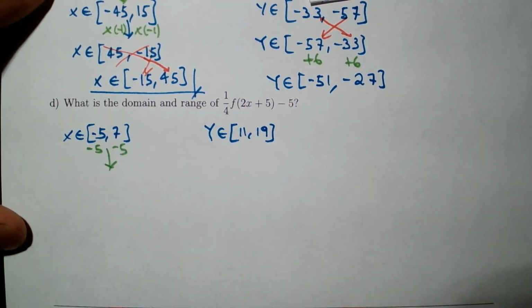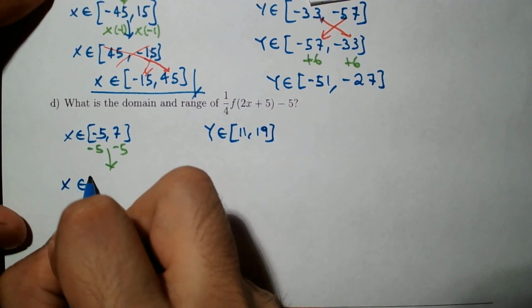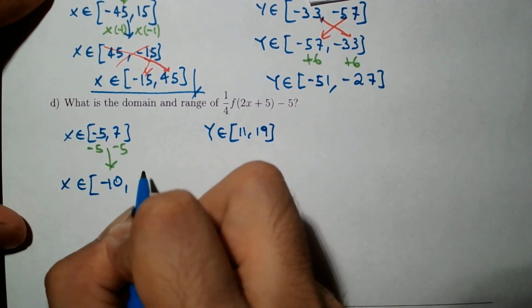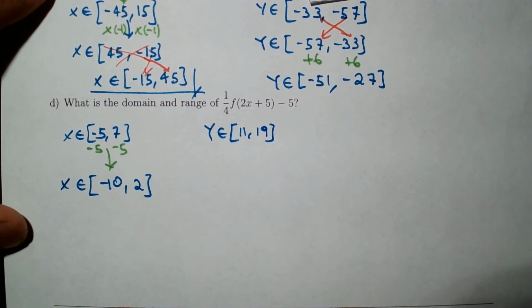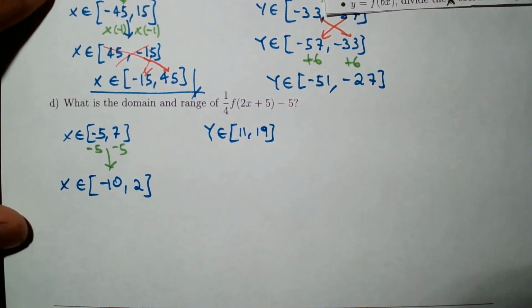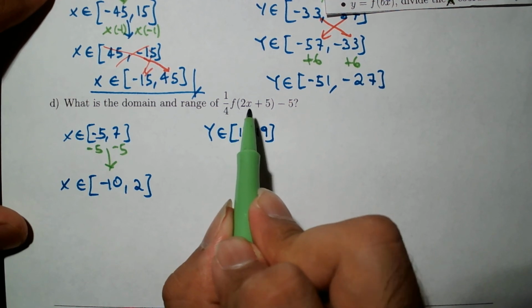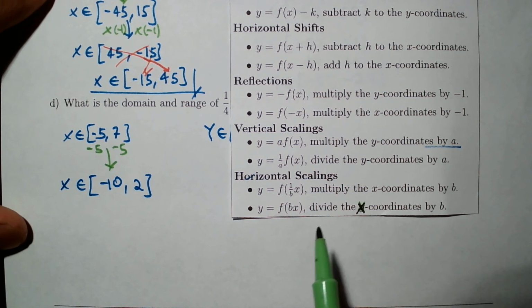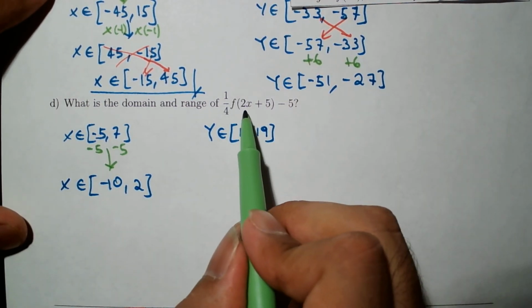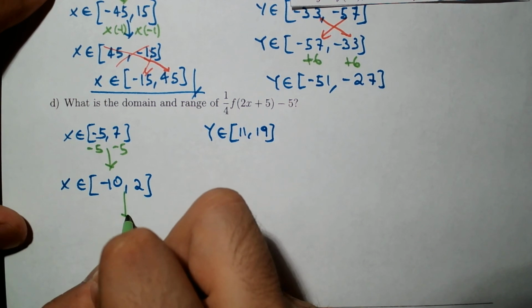So this is going to give us x going from -10 to +2. And then we have this 2x, or rather bx, divide by b. So 2x divided by 2.